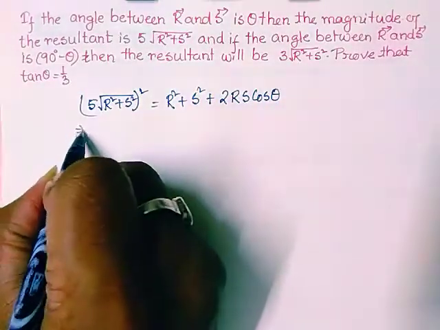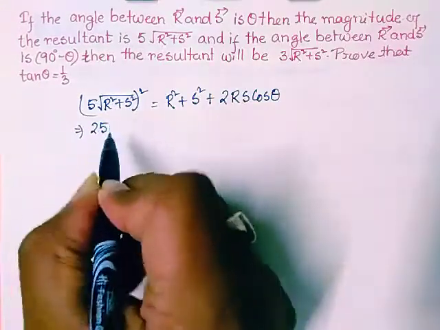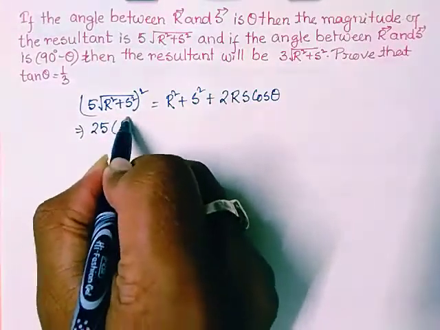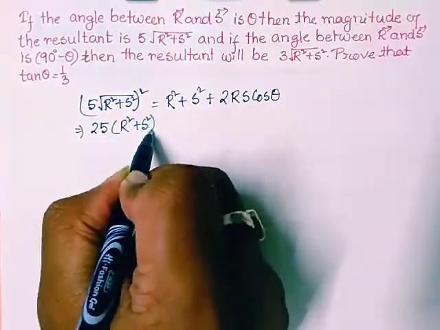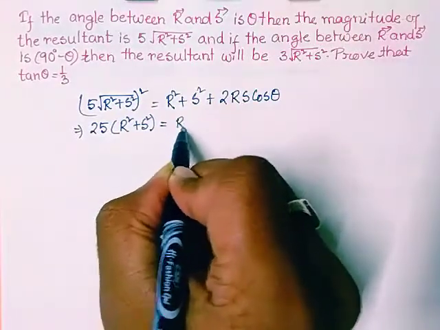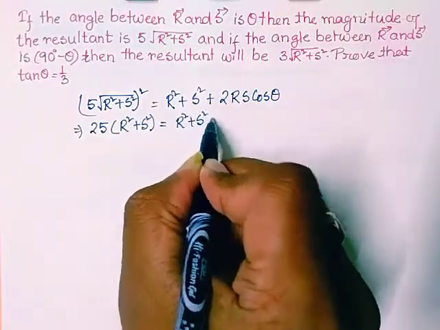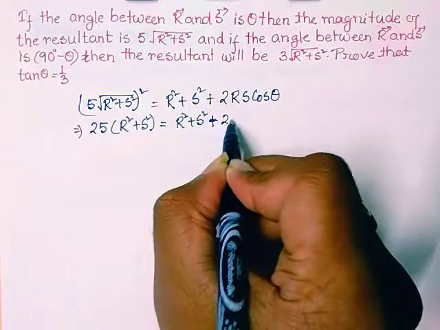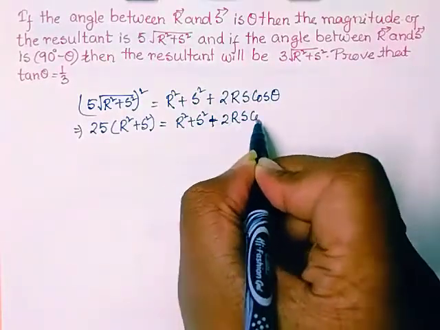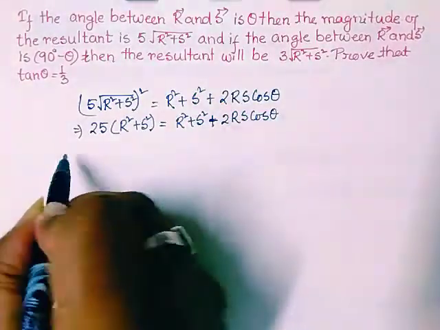So this becomes 25 times R square plus S square equal to R square plus S square plus 2RS cos theta.